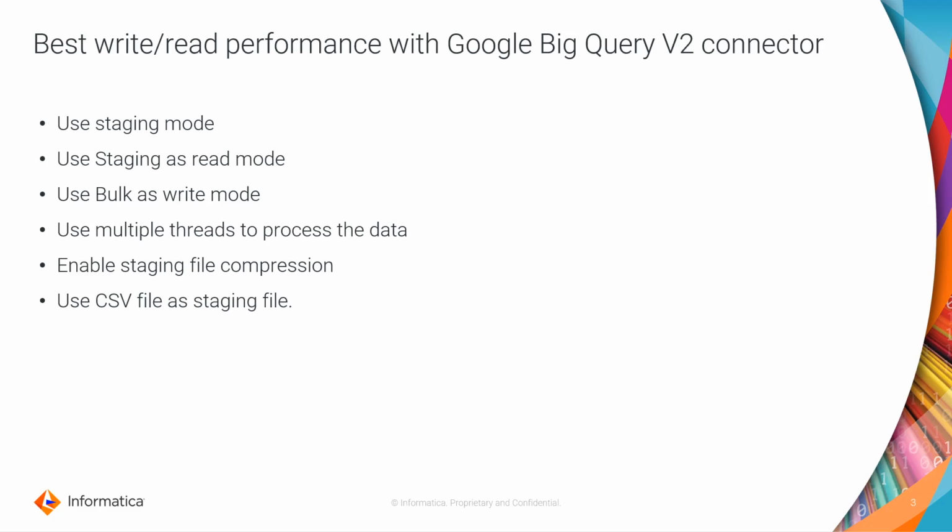Your target could be another database, it could be a flat file, or on the other hand, if you are reading from a flat file or from another database, all that information will be placed into these staging files, and later it will all be inserted into your final Google BigQuery target.